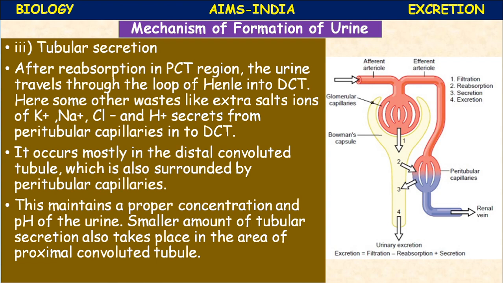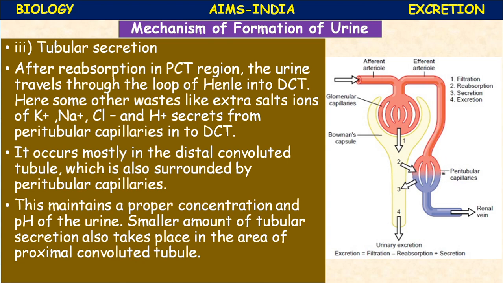Afferent means incoming, efferent means outgoing. The renal artery enters the nephron as the afferent arteriole and exits the nephron as the efferent arteriole. Okay. So here this efferent arteriole forms the peritubular capillaries.